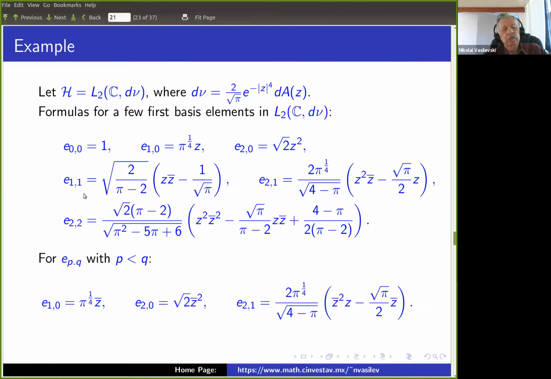So we need to construct them by hand using either a general formula for orthogonal polynomials or a three-term recursive formula. I did this and constructed them. This is just an example of a few initial basis elements for this strange space.